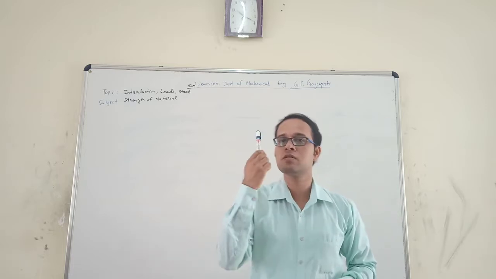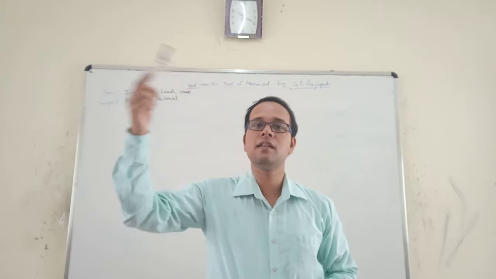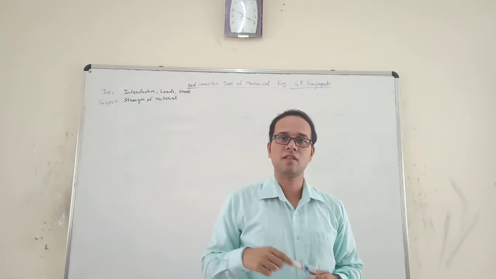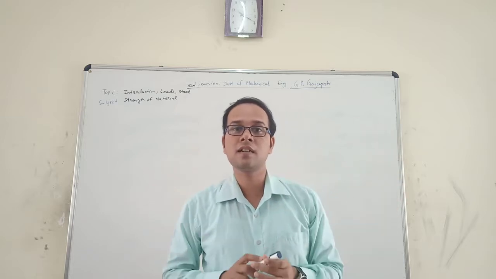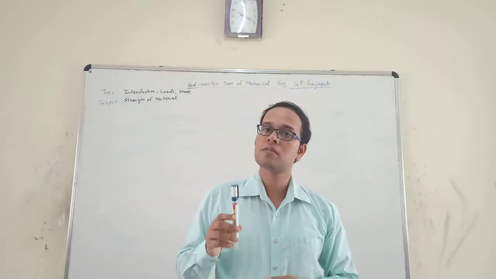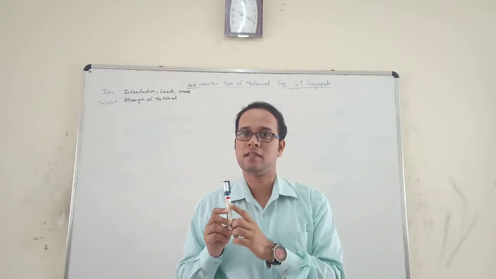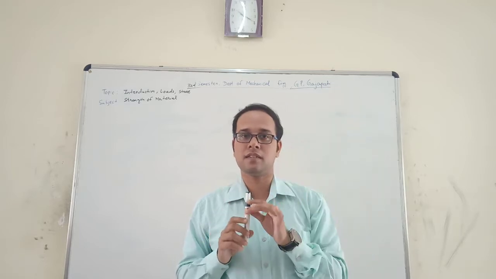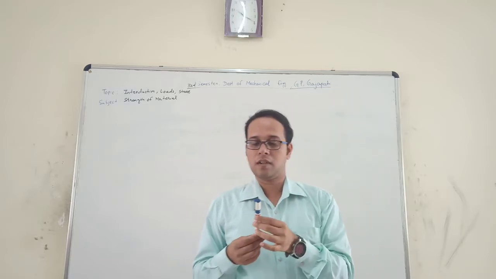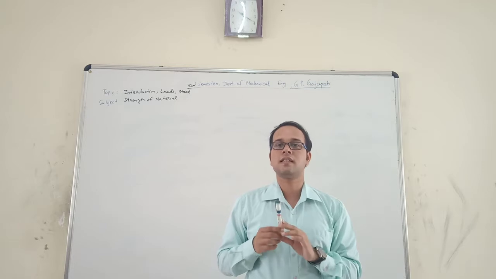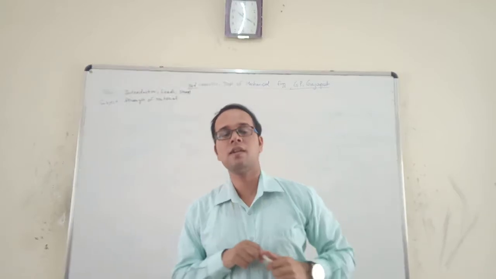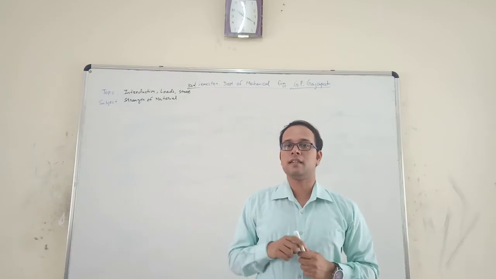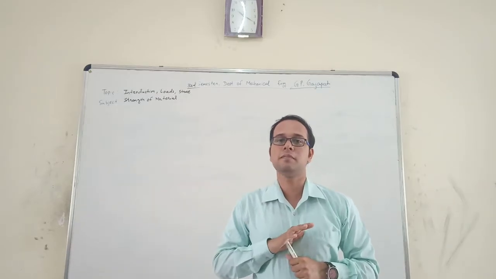Now we are going to use the marker in the North Pole region or South Pole region. Then we use the material according to that environmental condition. So we should know the strength and the properties of the material first of all. That's why we need to study our subject, strength of material.